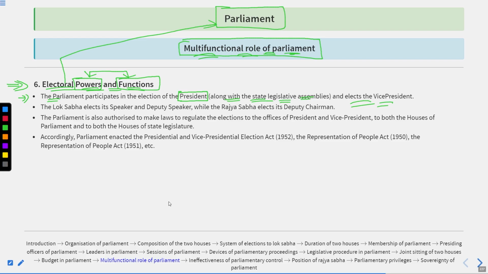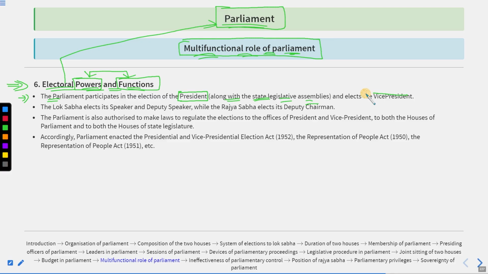Which members of the Parliament and the State Legislative Assemblies are allowed to take part in the voting for the President? The correct answer is that only the elected members of the Parliament and the State Legislative Assemblies can take part in the election of the President of India.